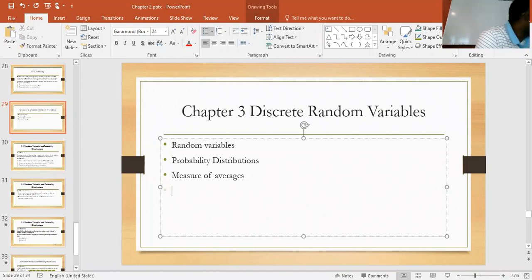We also speak about the mode, the median, as some measures of averages, and measures of variation, the probability distribution.